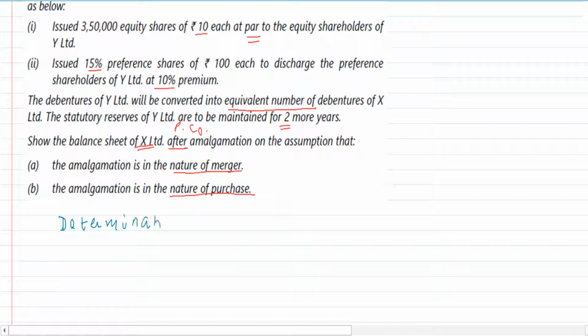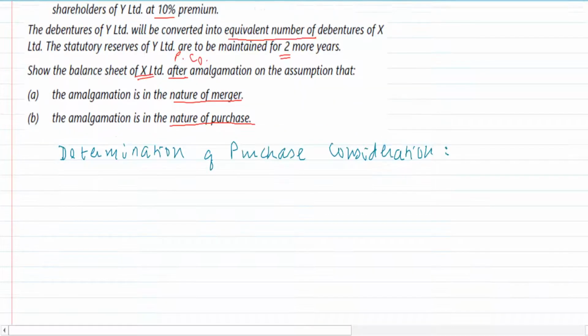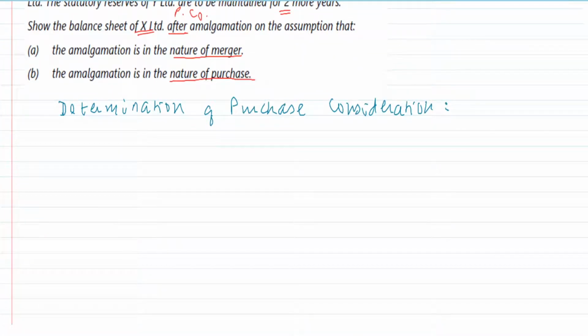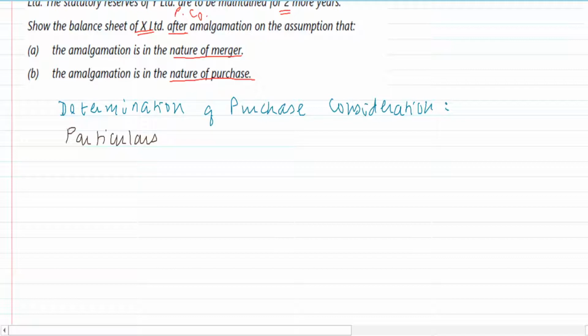Determination of purchase consideration. Let's work it out. Figures are in thousands.